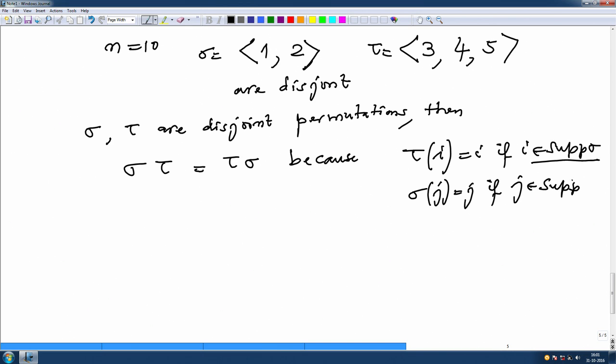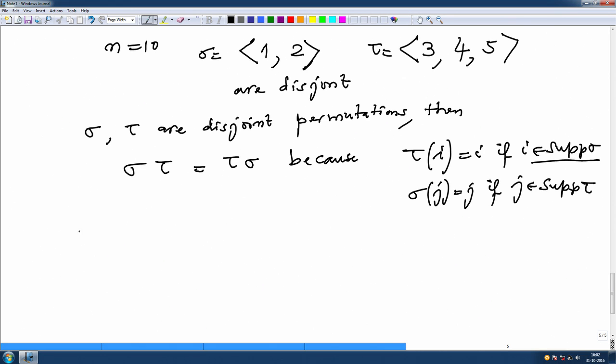If j is in the support of tau, then j cannot be moved by sigma, therefore it is fixed.